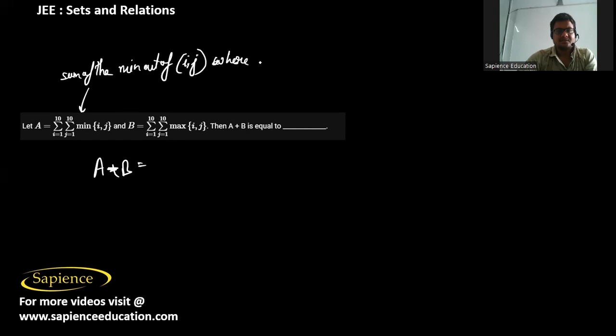So therefore A plus B, now A is what? A is the sum of the minimum out of i and j, where i and j go from 1 to 10.